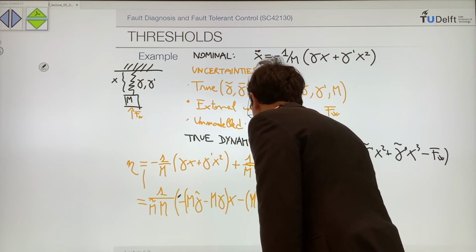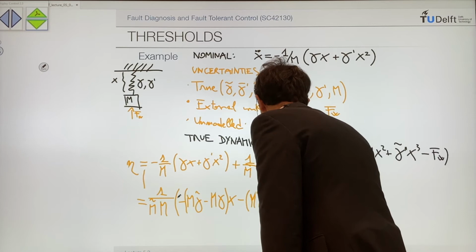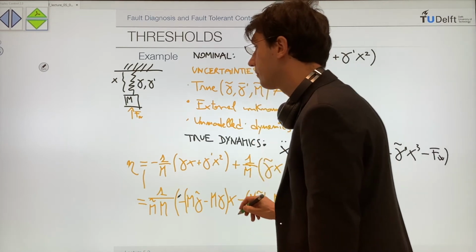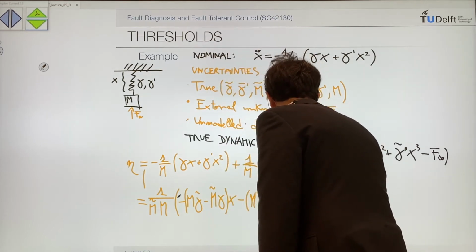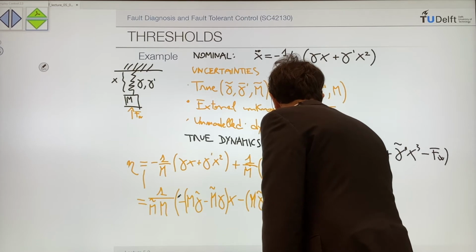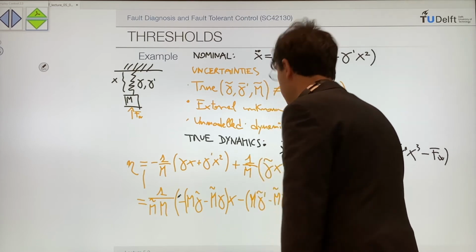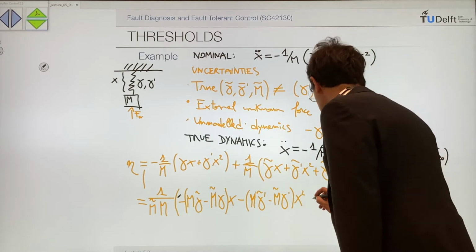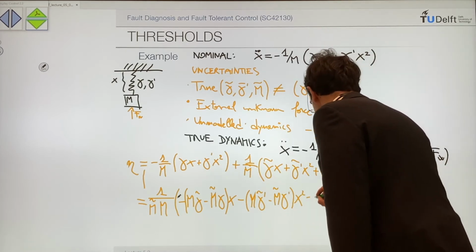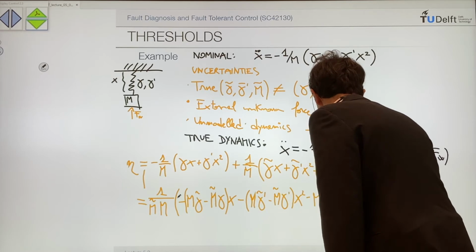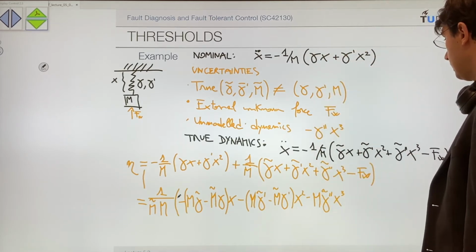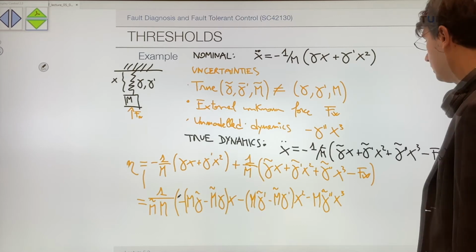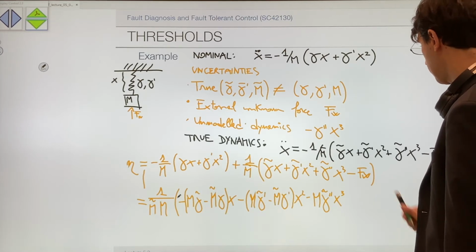Minus, then we have other terms, m gamma tilde prime minus, sorry, I had an m tilde here, minus m tilde gamma prime that multiplies x square, and then similarly now we have minus m gamma tilde second that multiplies x power 3, and then we have the term, oh, probably I just computed the other way around, sorry.